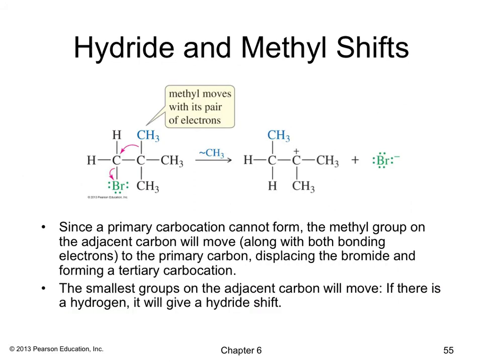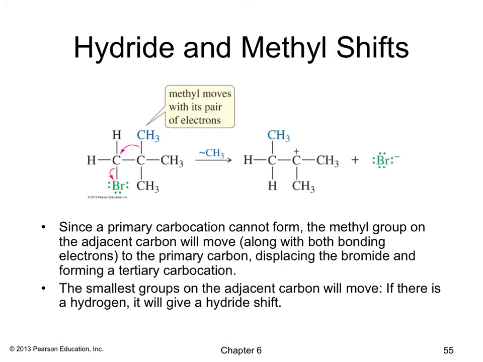So if we look at an example, here's an example of a methyl shift in which bromine comes off, but in addition, the methyl group moves across, forming a carbocation over here. And as a result, there's this rearrangement.